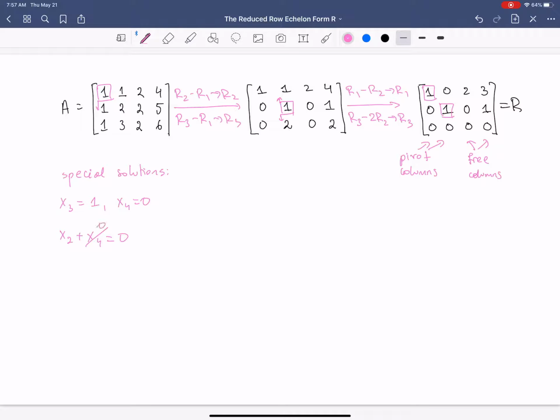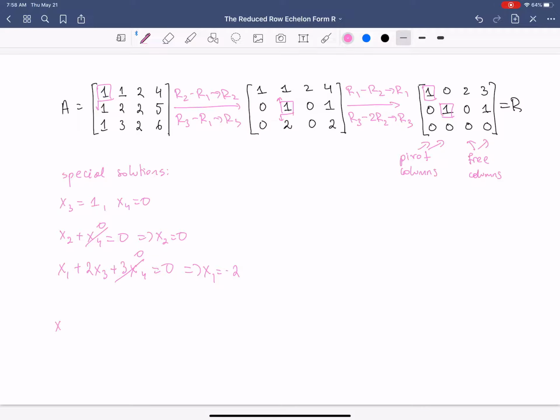Since x4 is 0, it follows that x2 is also 0. From the first equation, we have x1 plus 2x3 plus 3x4 is 0. x4 is 0, so that doesn't play a role, whereas x3 is 1, so you have x1 plus 2 is 0, which means that x1 is negative 2.